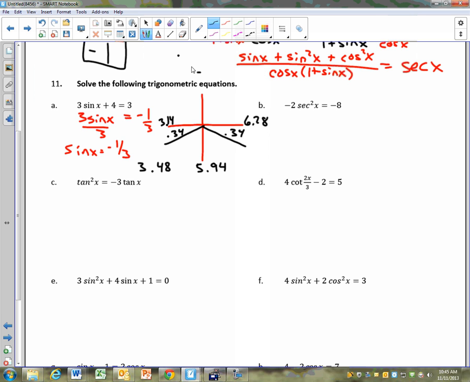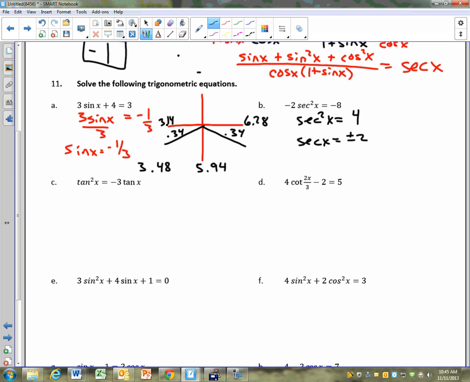So what would you do with something like b? You got secant squared of x is equal to 4. Square root it. Secant of x is equal to plus or minus 2. Can you do secant on your calculator?